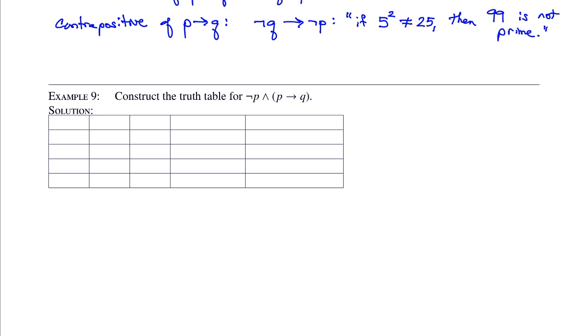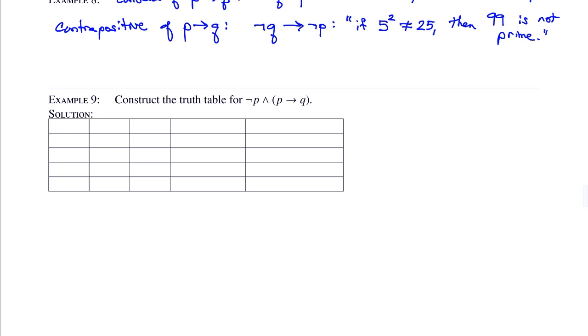When you go to build a truth table for these things, the first thing you check is how many propositions do I have? We have 2 propositions. We have P and Q.